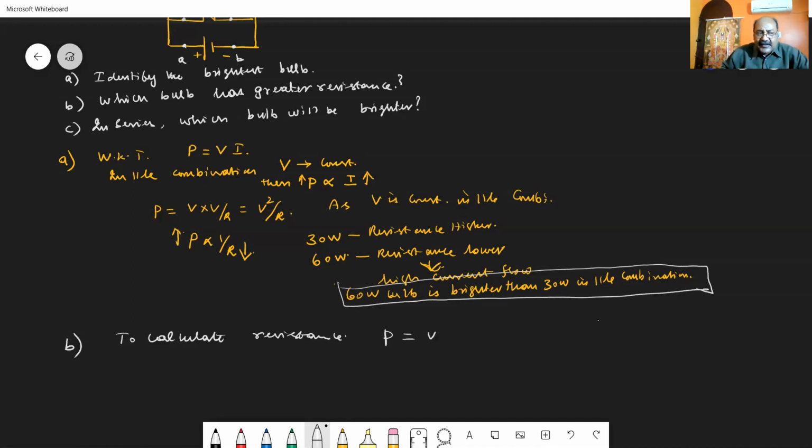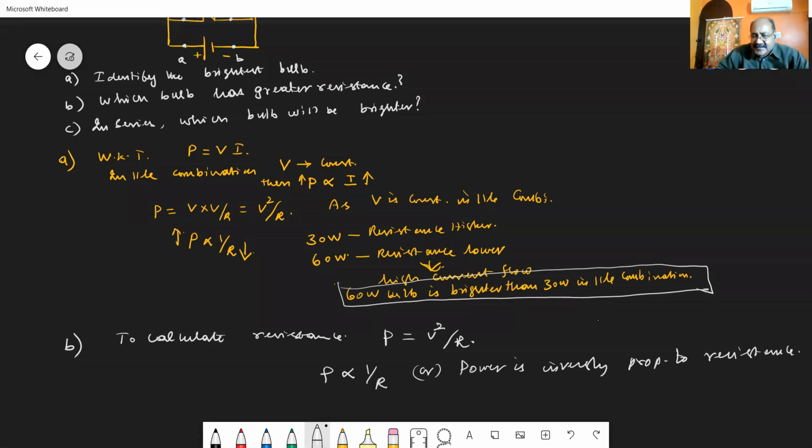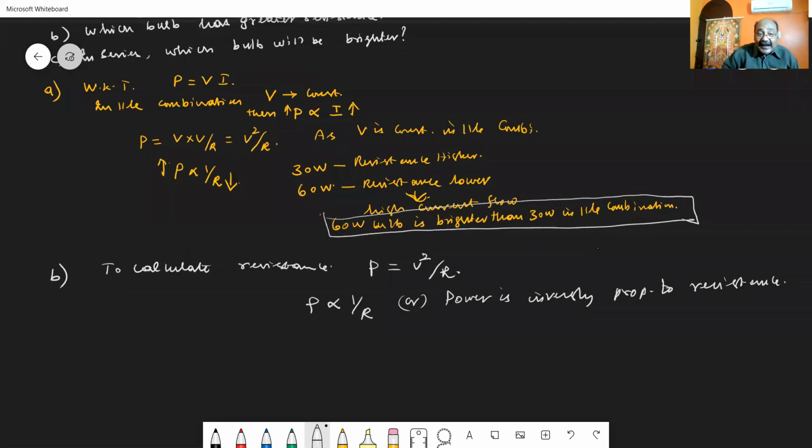P is equal to V square divided by R. So from this, I can say P is directly proportional to 1 by R, or the power is inversely proportional to resistance. So the bulb with the lesser power will have a higher resistance.